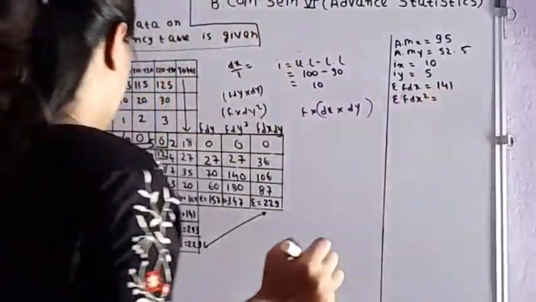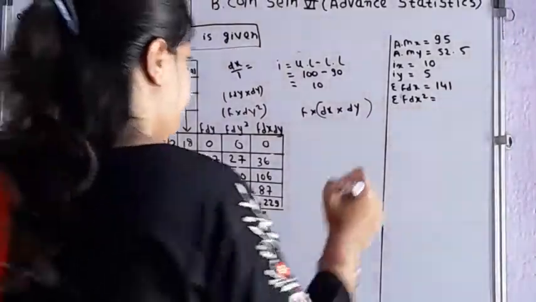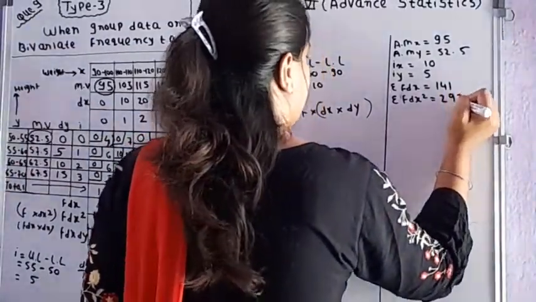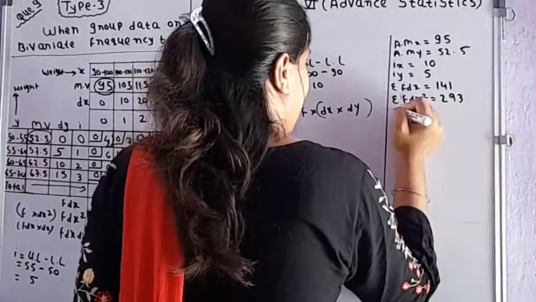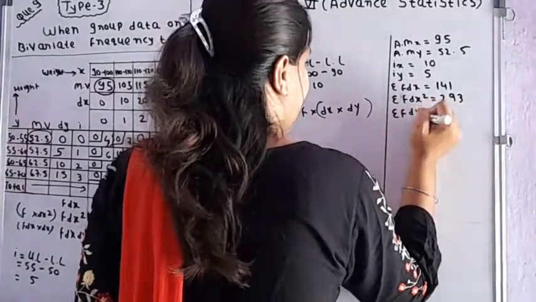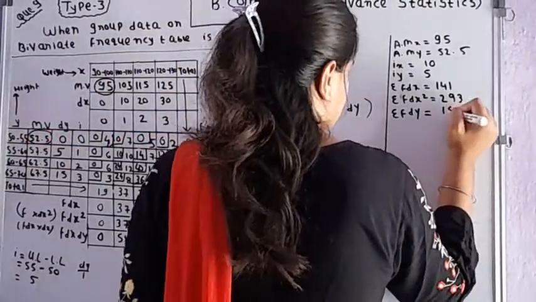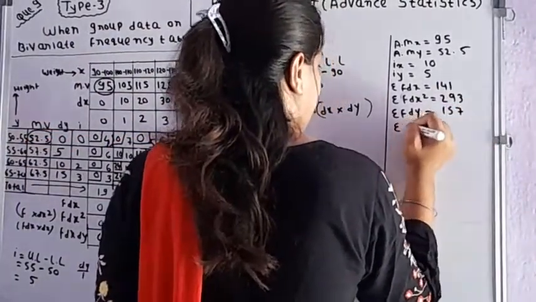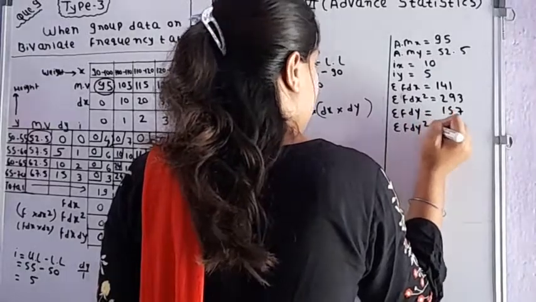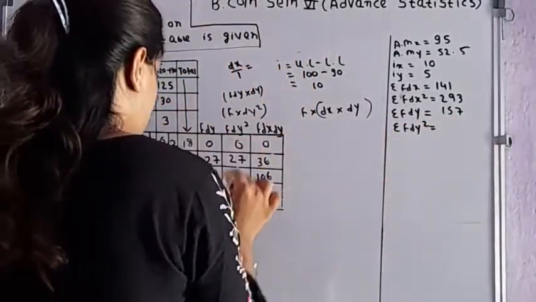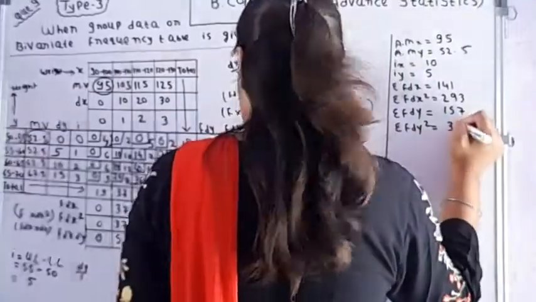We will need summation f dx square, which is 293. We will need summation f dy, which is 157. After that, summation f dy square, which equals 347.